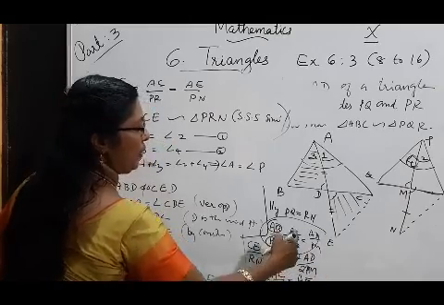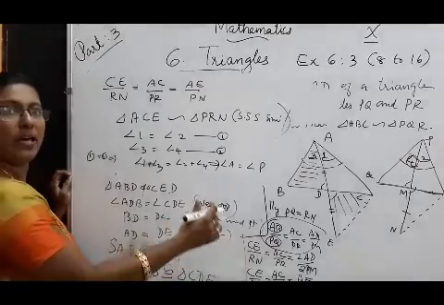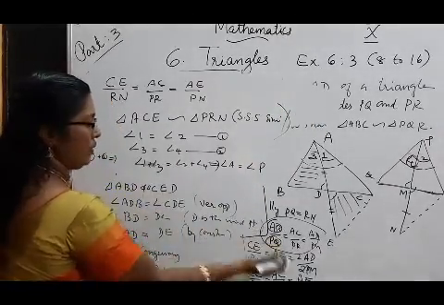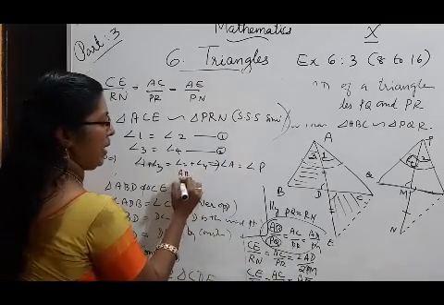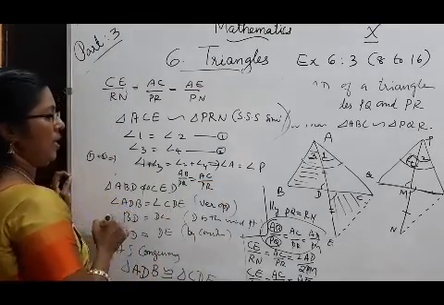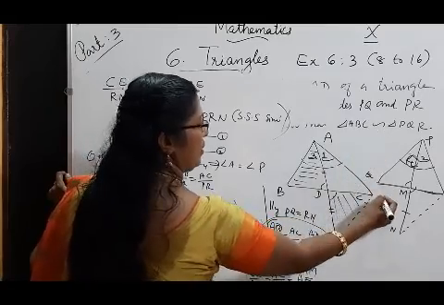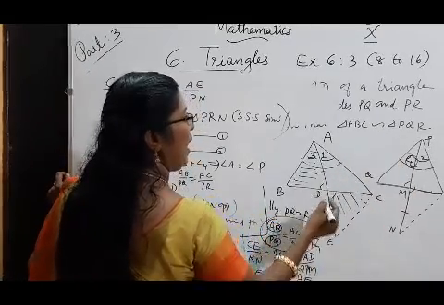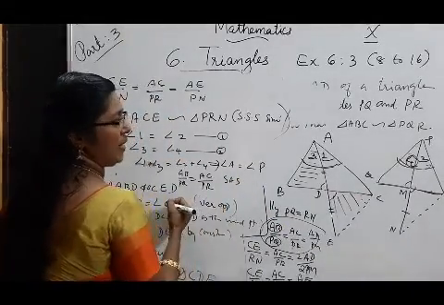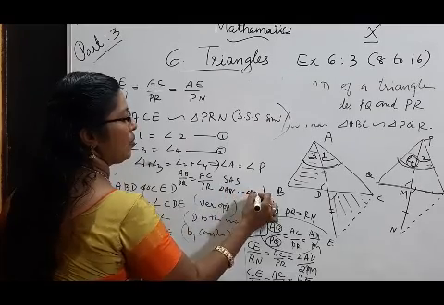AB by PQ, AC by PR, and median AD by PM are in the same ratio, that is given in the question. So AB by PQ equals AC by PR, and the including angles are equal, so by SAS similarity criterion, triangle ABC is similar to triangle PQR.